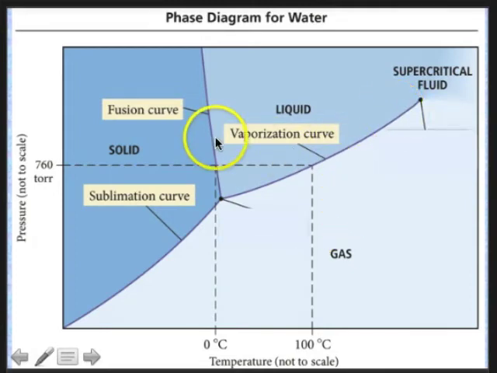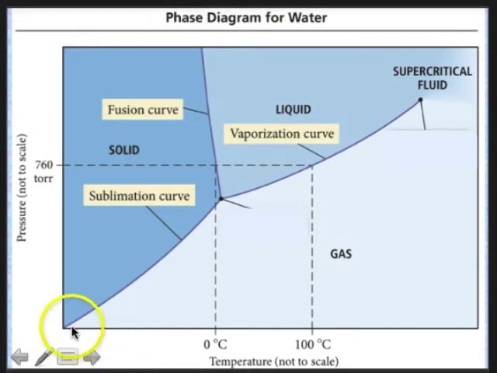By the way, if you're ever given a phase diagram without solid, liquid, and gas being marked on it, just the boundaries here, you can easily figure out which is the solid, which is the liquid, and which is the gas without memorizing this. Just remember that at very cold temperatures and high pressures, it's probably going to be a solid.